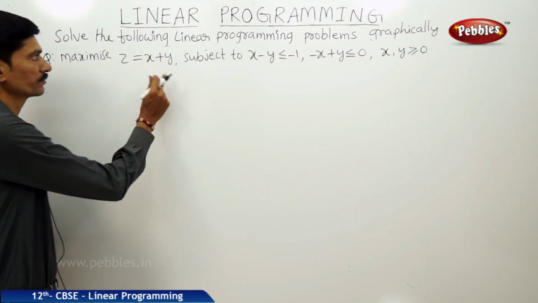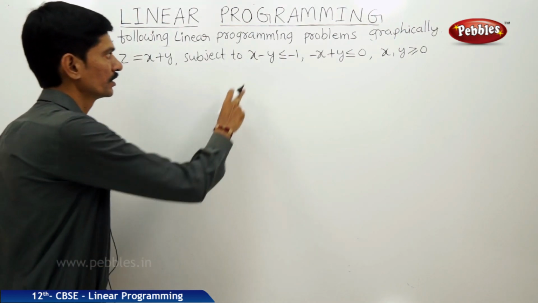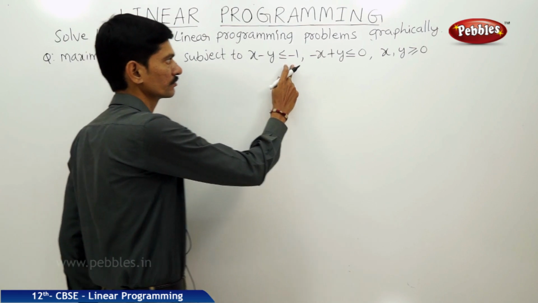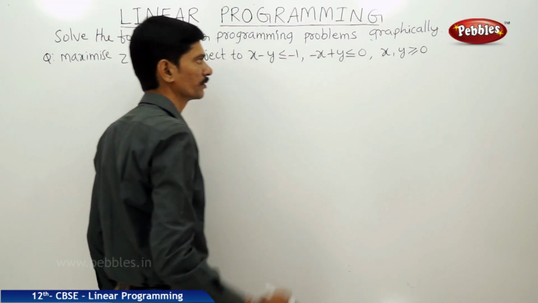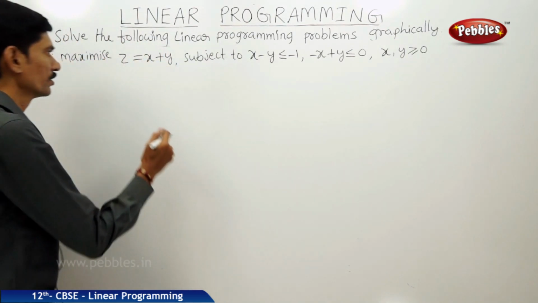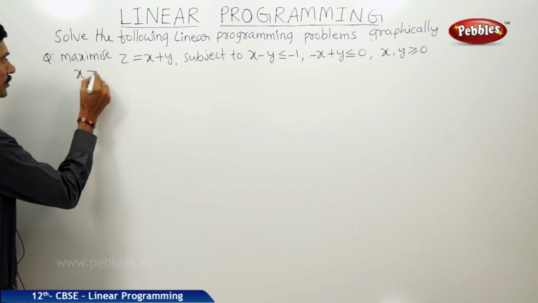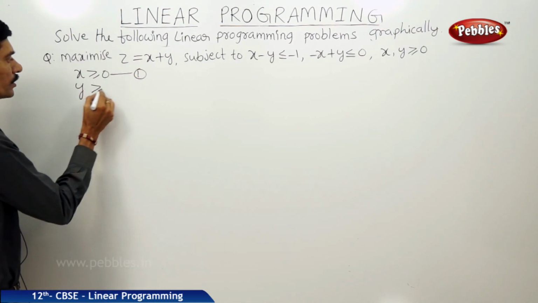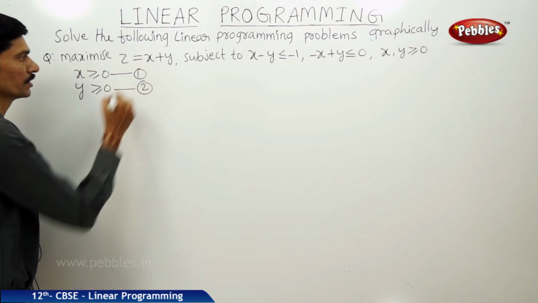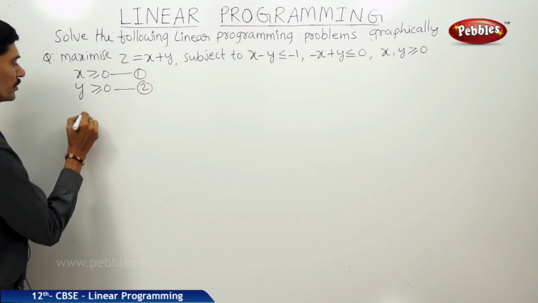Maximize the objective function z equal to x plus y subject to x minus y less than or equal to minus 1, minus x plus y less than or equal to 0, and x, y greater than or equal to 0. Now let us take the last two inequalities, x greater than or equal to 0, y greater than or equal to 0, and the second inequality, x minus y less than or equal to minus 1.